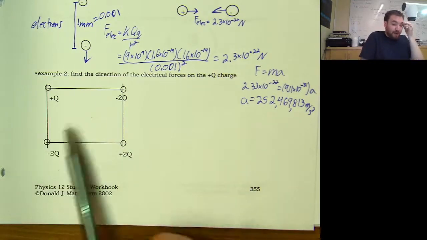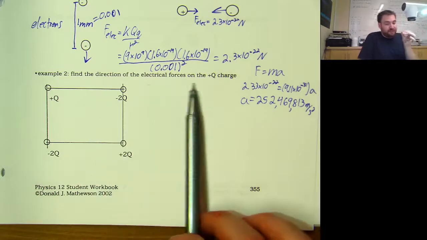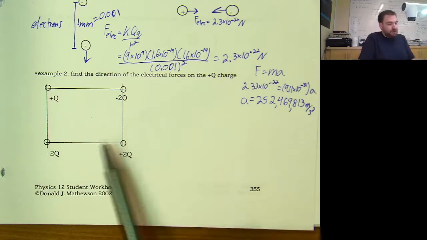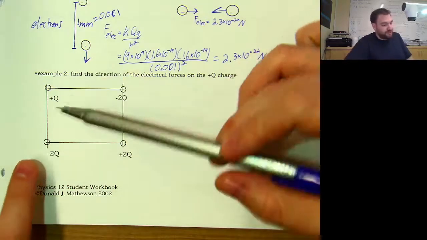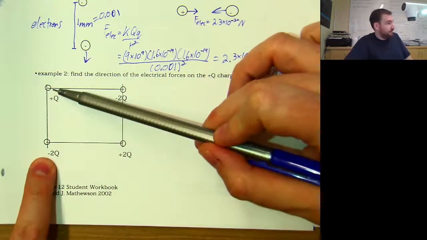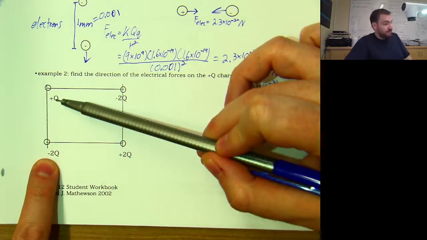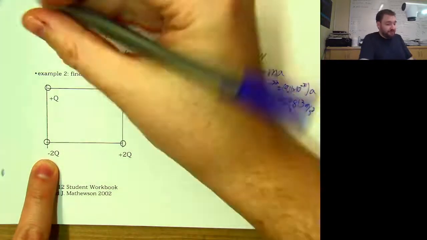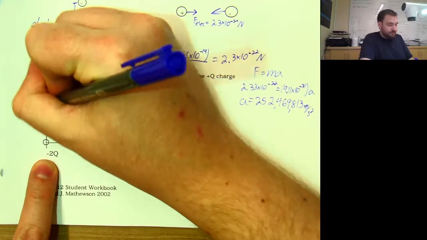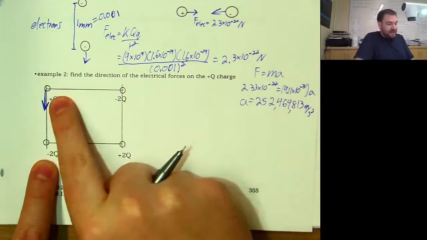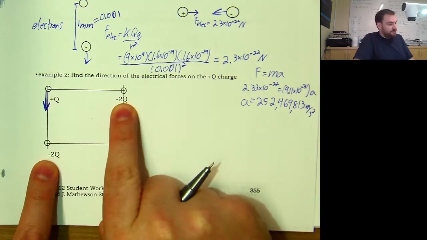All I'm asking for is the direction of the electric forces on Q. I don't want the magnitude. I'm just going to do an analysis of the direction. What's the direction of the force from this guy on this thing? This is negative, this is positive. It's going to have a force downwards. This guy is going to do what?